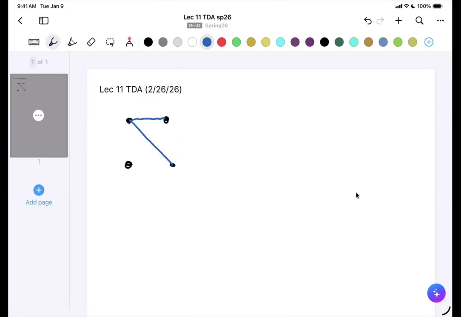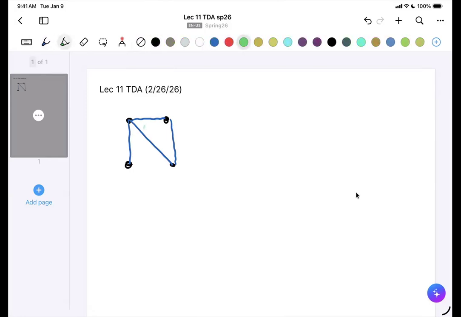You have these relations, and some of those edges could also be connected through triangles. So there could be a triangle here.